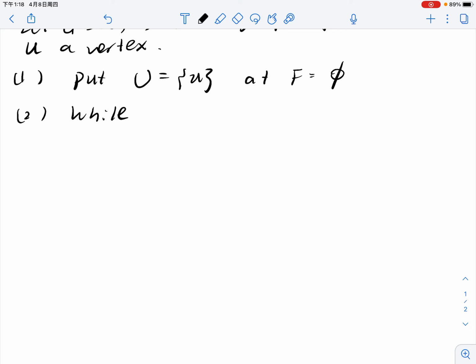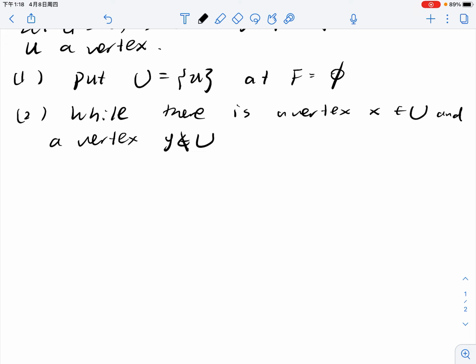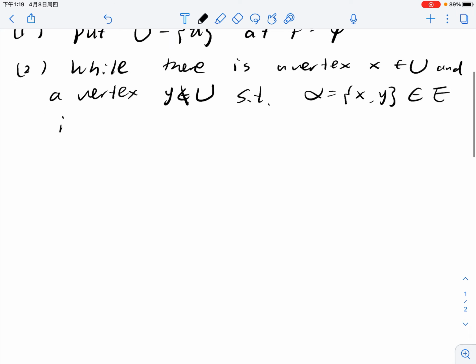And while there is a vertex x in U and a vertex y not in U, such that the edge incident with them, alpha, is in E, then we do the following two steps.